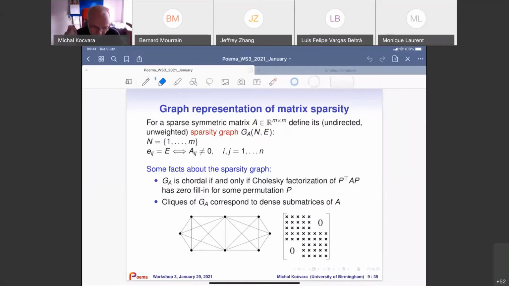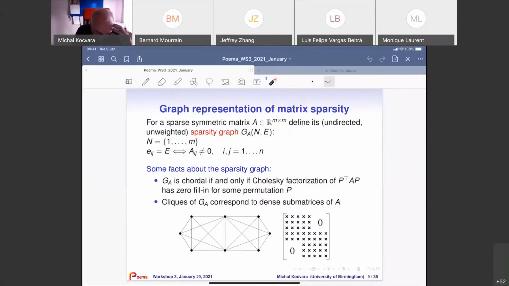Vertices correspond to the numbering of my matrix. There is an edge between vertices i and j if and only if there is a non-zero element in the aij position of the matrix. So if there is a 0 in ij, there is no edge between vertices i and j.